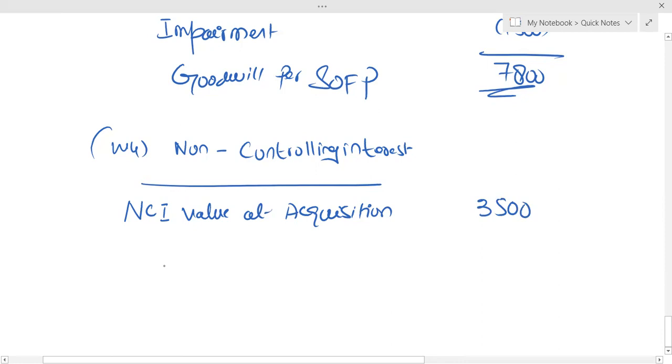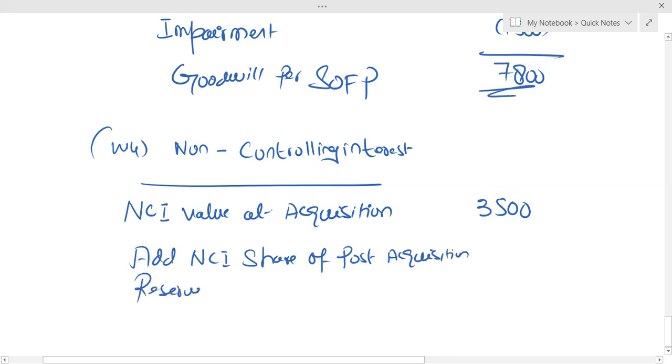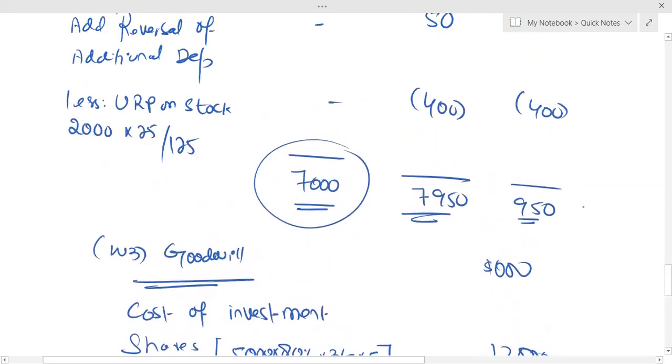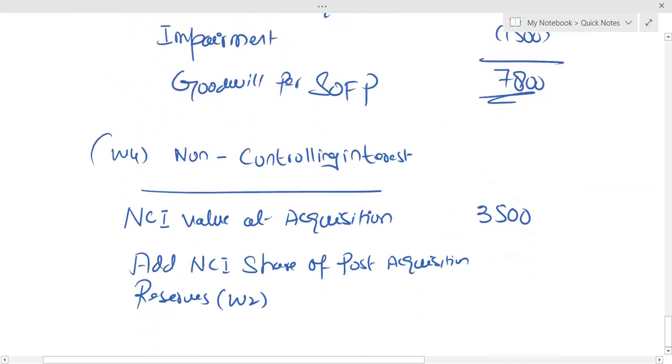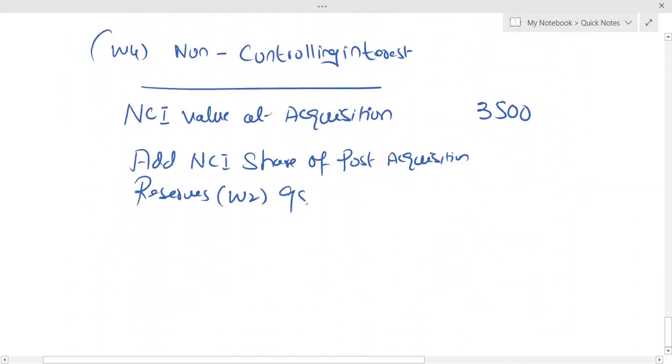Now simply add NCI share of post-acquisition reserves. That's working 2, come here, 950. Parent's holding is 80%, so NCI holding is 20%. If I take 20% of 950, I'm getting 190.